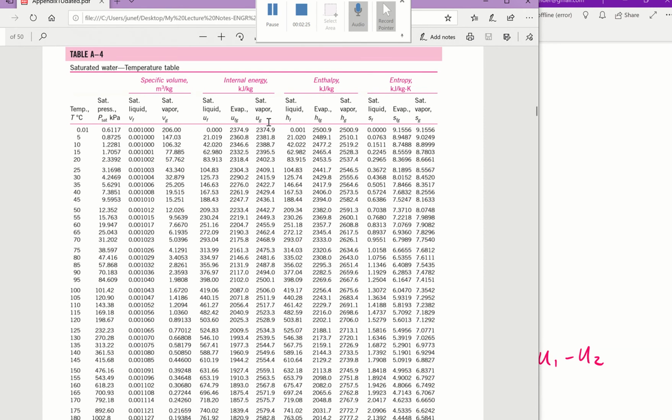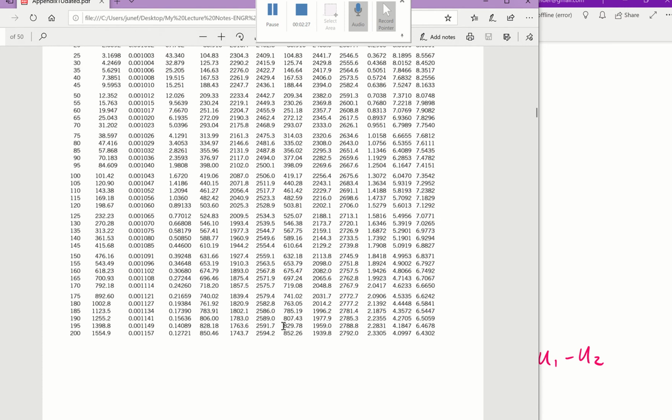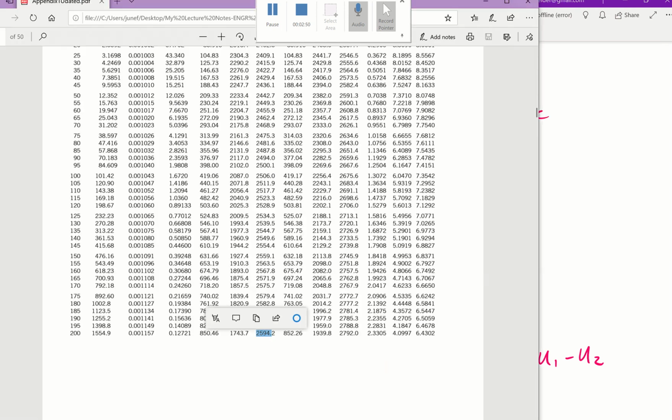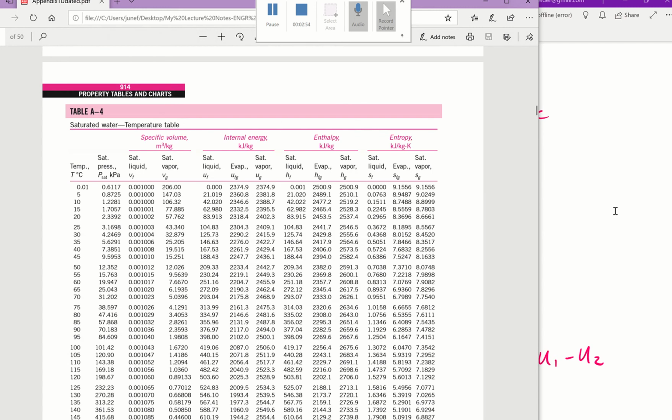We're looking for UG, so it's this column right here. I have 2594.2, and that's going to be our U1, which is UG at 200 degrees Celsius. Let me double check that I read the right one. This is UG. Okay, good.